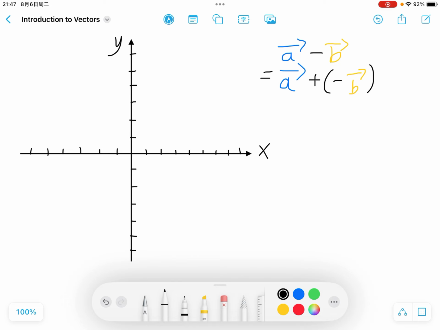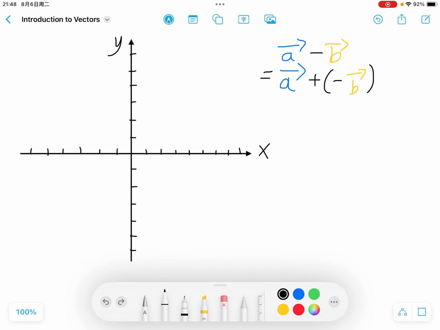So if you have negative vector B, it's essentially multiplying vector B by -1. -1 is a scalar, so a scalar multiplied by a vector produces a vector. So this thing here is a vector. So the sum of two vectors is going to be a new vector. So that point is valid.